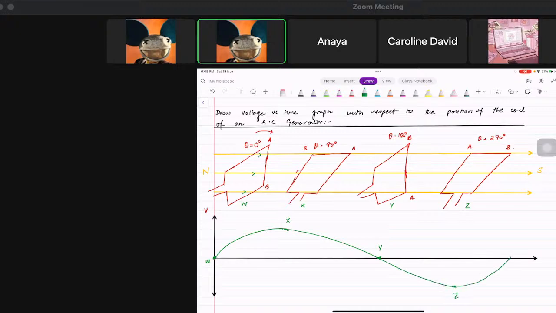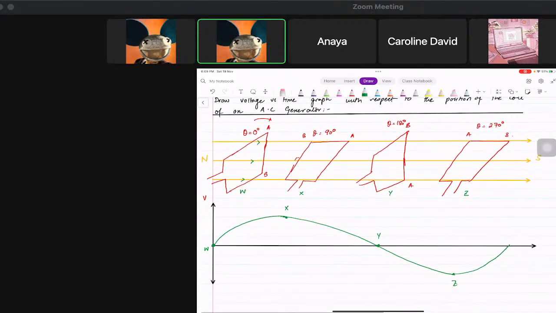Okay, so the idea is that this is the next position where it becomes 360. When the lines are cutting through the wire like this, as you can see from position Z and position X, that's when the voltage, which is the EMF we are looking at here, is maximum.